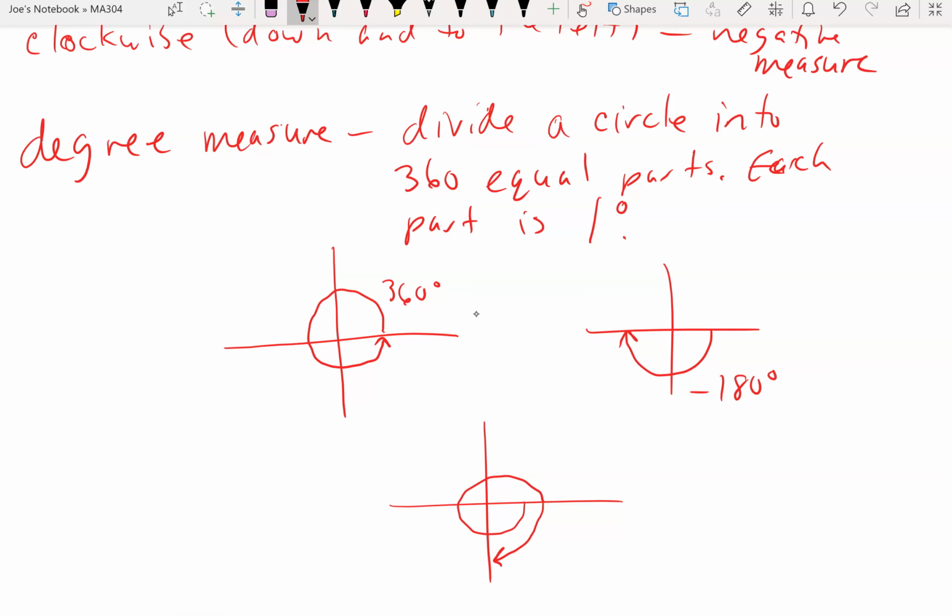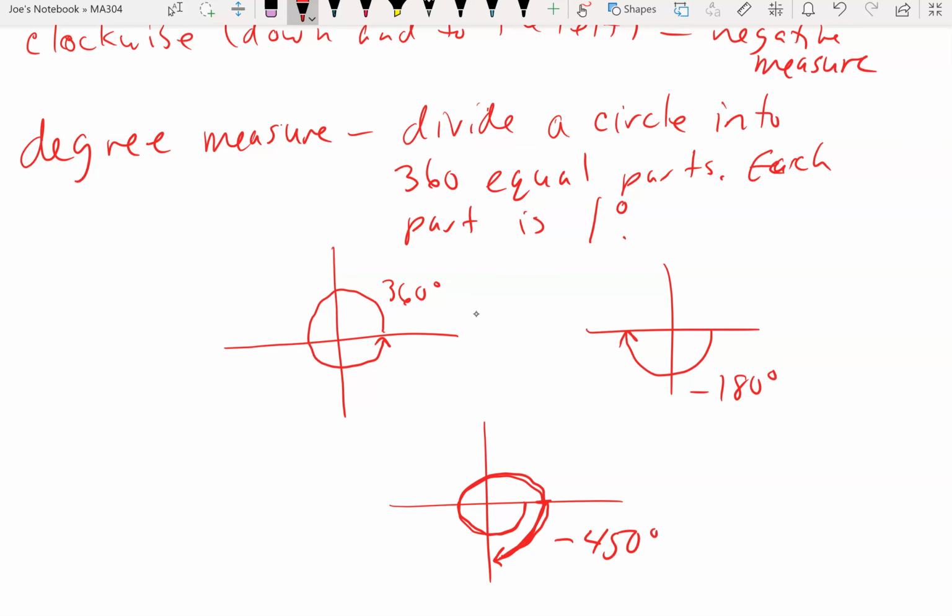So first, is it positive or negative? It's negative, certainly. And from here all the way to here, that'd be negative 360, right? How much more did we go? We have the negative 90, so all together it'd be negative 450. Good. That okay? All right.